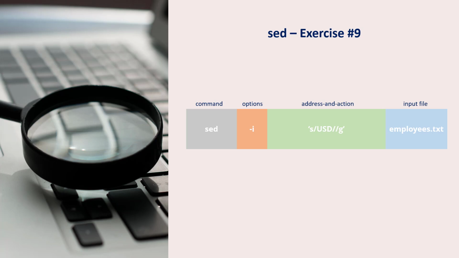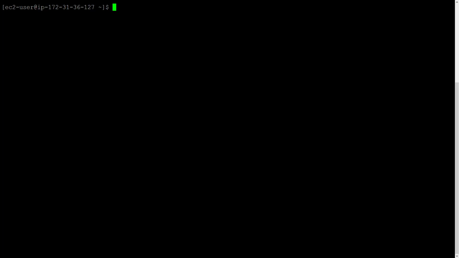Yes, you simply write one / immediately after without anything in between. So what this will do is, it will find all USDs and replace it with nothing, which is in effect removing all USDs. Let's try this out now.